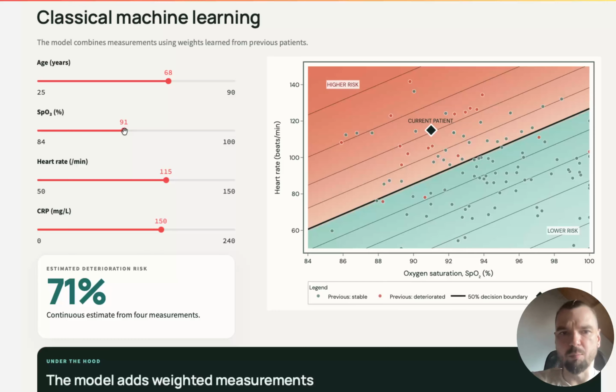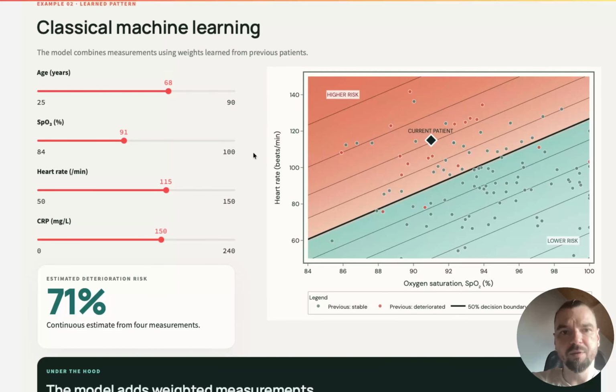What are we more afraid of: making more unnecessary additional diagnostics, or letting the patient deteriorate before we make an intervention? So that's again a trade-off in how we will interpret this 75% number.